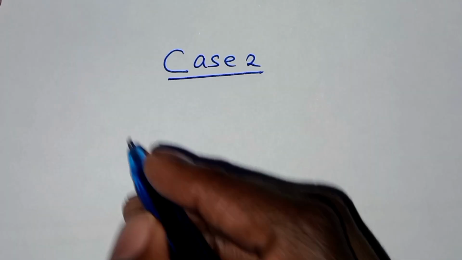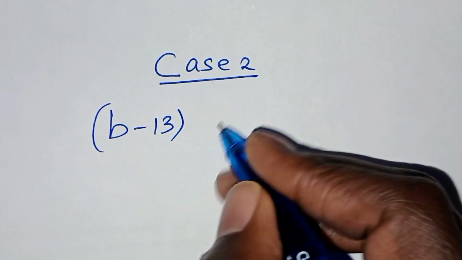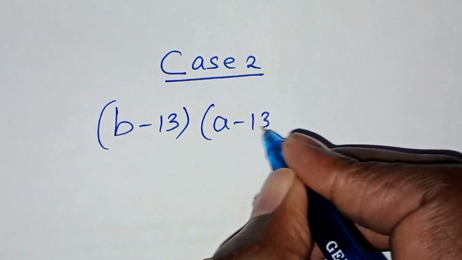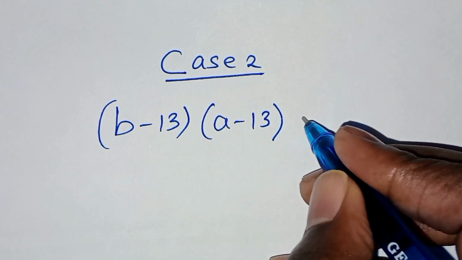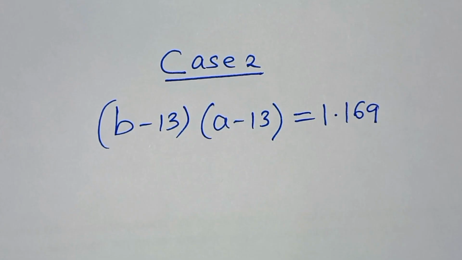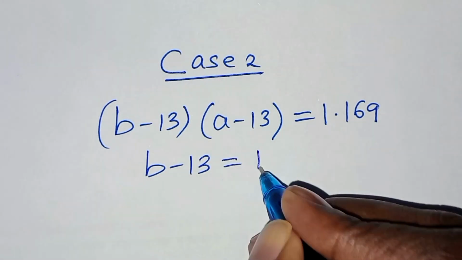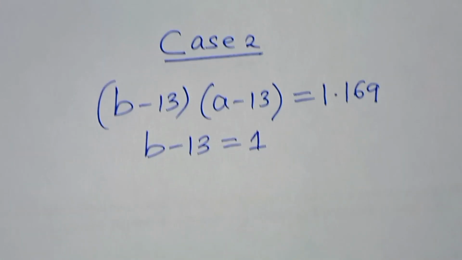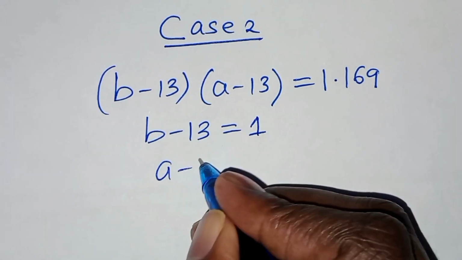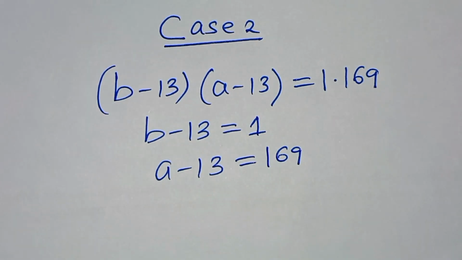For case 2, we have b minus 13 multiplied by a minus 13, which is equal to 1 times 169. So b minus 13 is equal to 1, and a minus 13 is equal to 169.